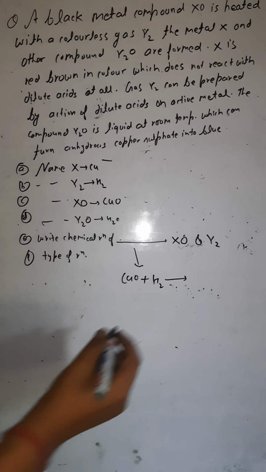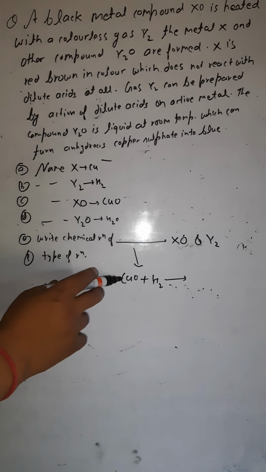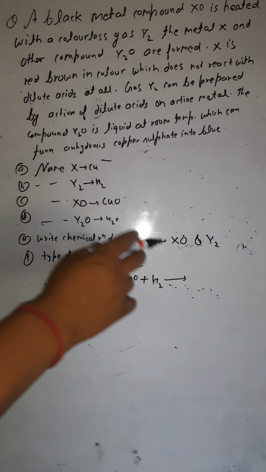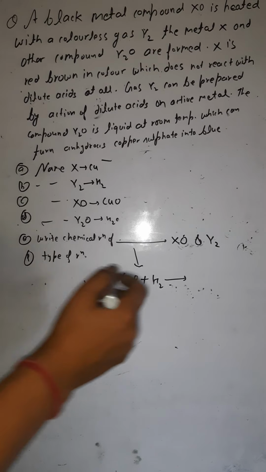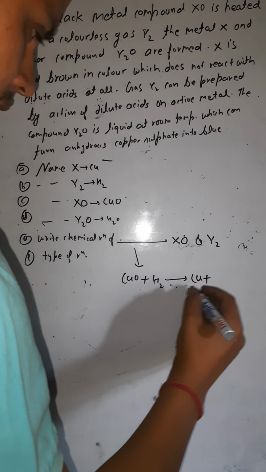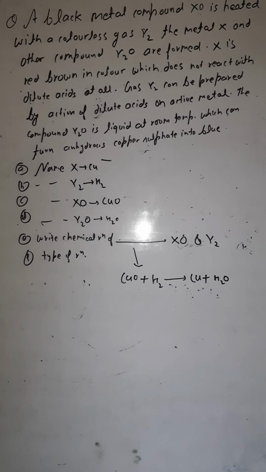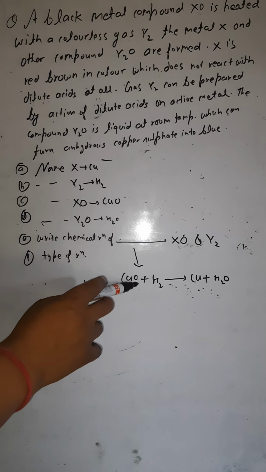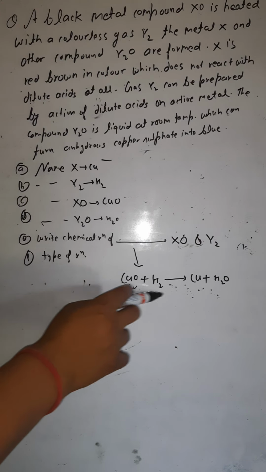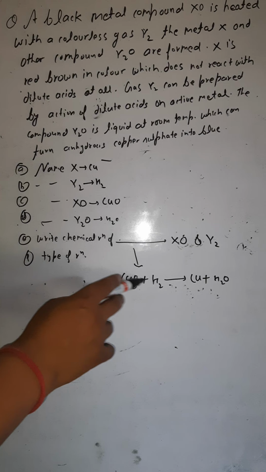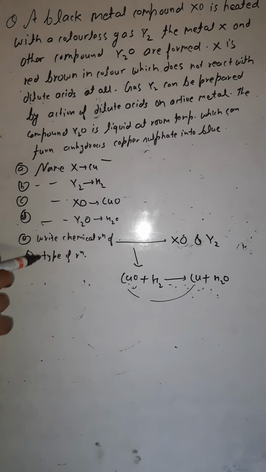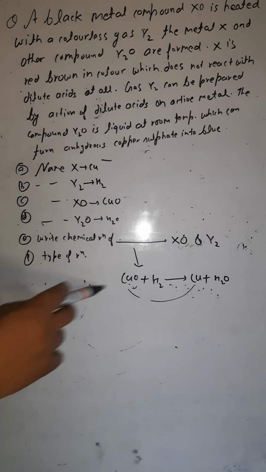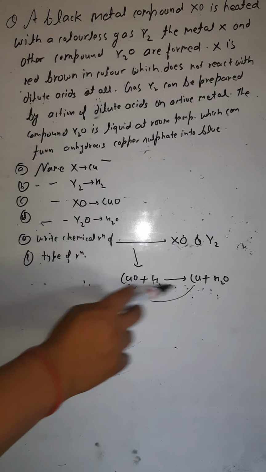If they both react, Cu would be displaced from here because Cu is less reactive. So Cu plus H2O is formed. Earlier there was oxygen, now the oxygen has been removed, so Cu has been displaced. Now Cu is alone. This is the reaction of XO and Y2.